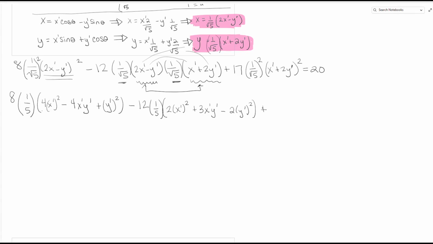And then we have a plus 17. 2 of these will make it 1/5. 2 of these will turn it into x prime squared plus x prime y prime. Last 4 y prime.